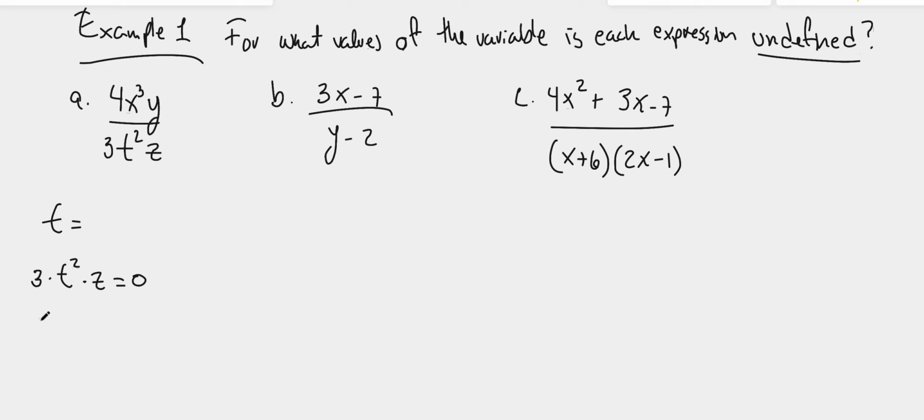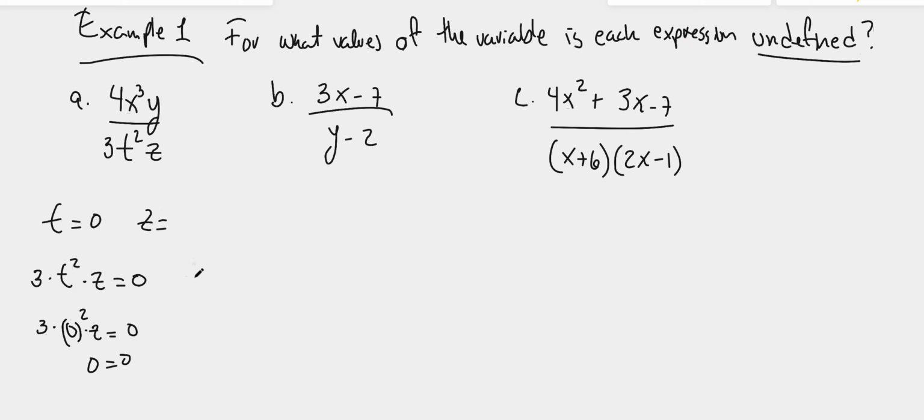If I make t equal to 0, then that whole multiplication is going to be 0, because 0 to the power of 2 is 0, and 0 times z is also 0. So if t is equal to 0, then the whole thing will be undefined. Now let's think about the value of z.